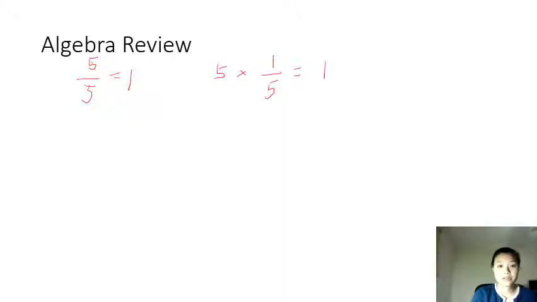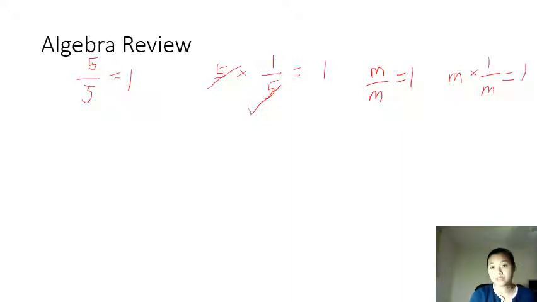Here the 5's can cancel out because 1 is in the numerator and 1 is in the denominator. This translates to units, where meters divided by meters equals 1, or meters times 1 over m equals 1. So the units will still cancel out here.